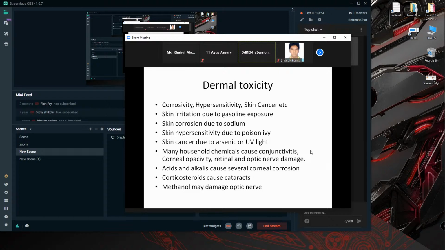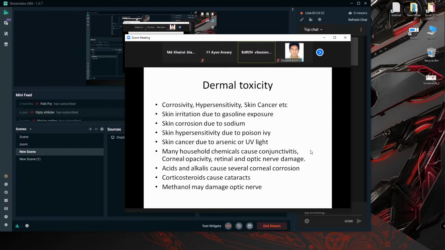But you know, in a district like Gaibandha, years ago, 300, a shop owner did not know the difference between methanol and ethanol, and supplied methanol to the people.